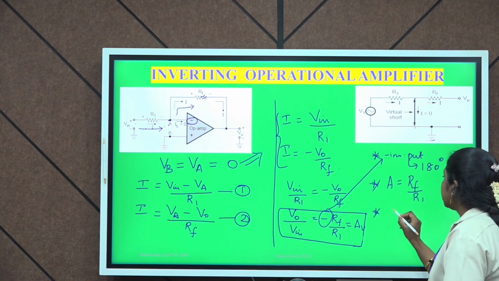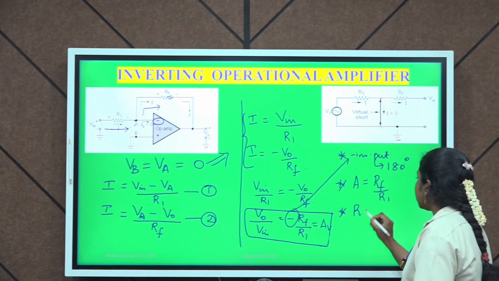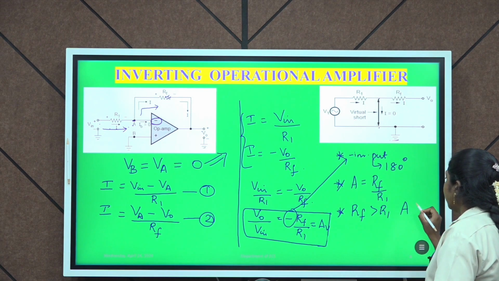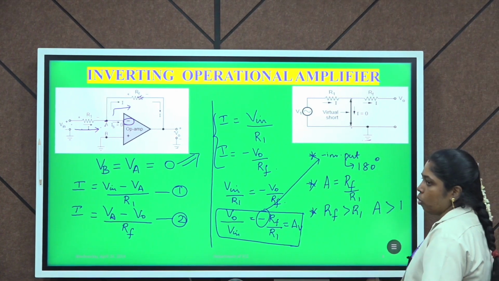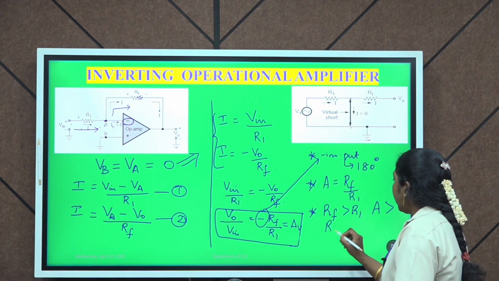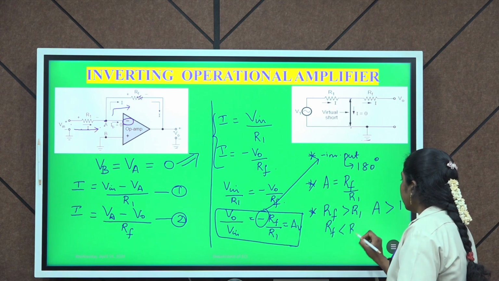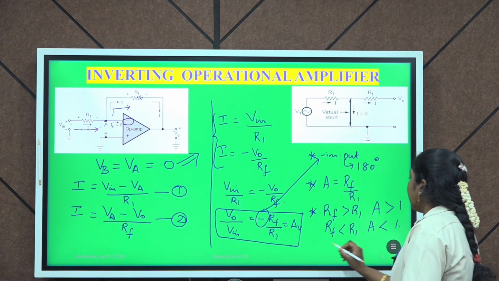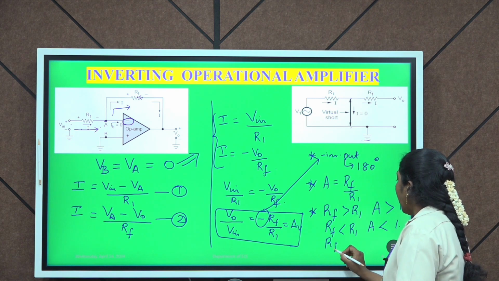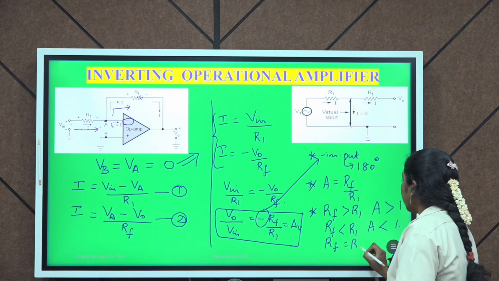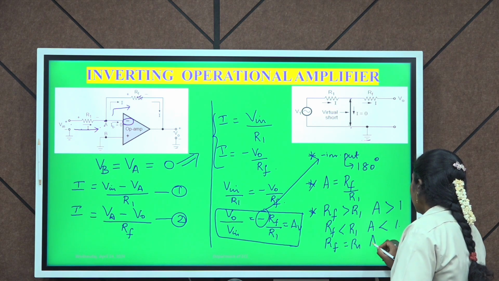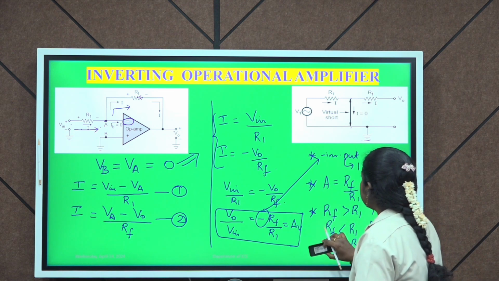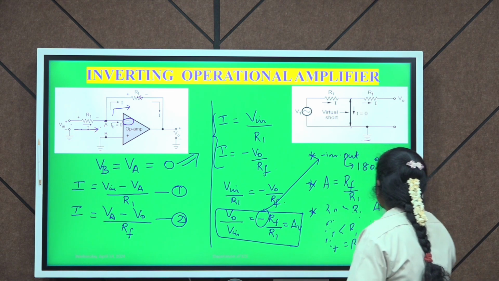Third inference: when Rf is greater than R1, our gain will be greater than 1. When Rf is less than R1, our gain will be less than 1. When Rf is equal to R1, our gain A will be equal to 1 in magnitude.